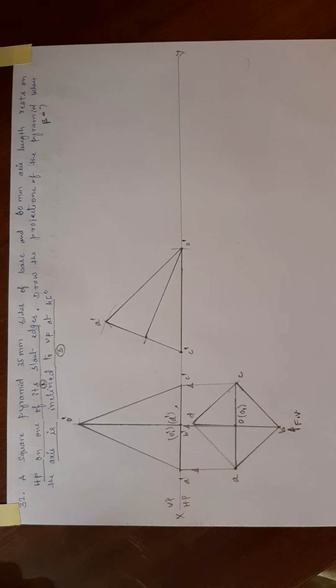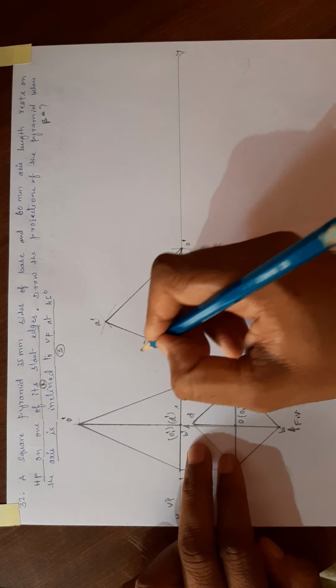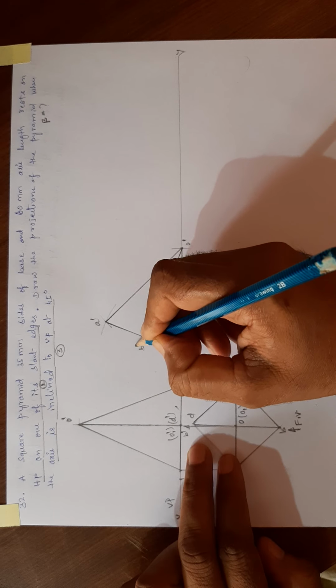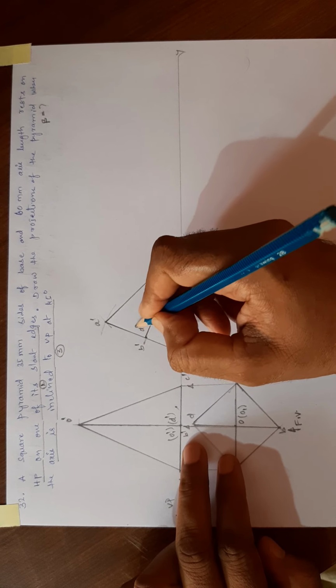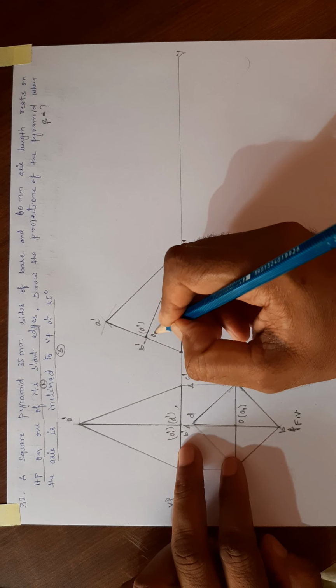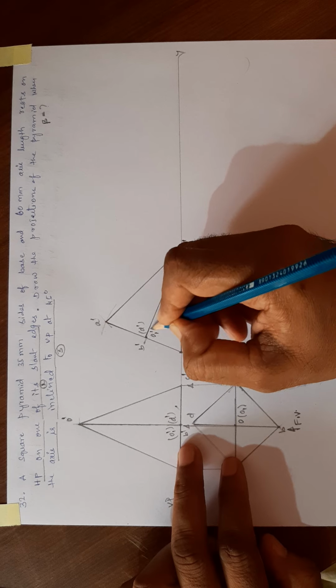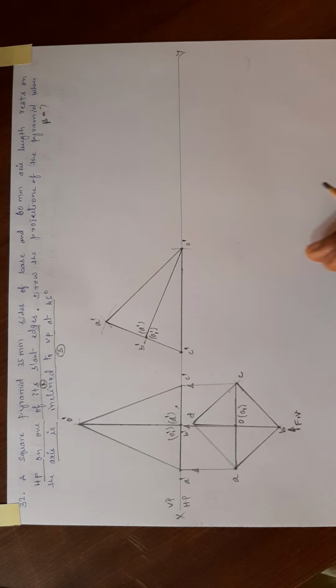C dash is over. Next, this point is B dash, then A dash, B dash, E dash, and D dash in the bracket, and O1 dash in the bracket. So this is the front view in the second portion, when the slant edge is resting on HP.